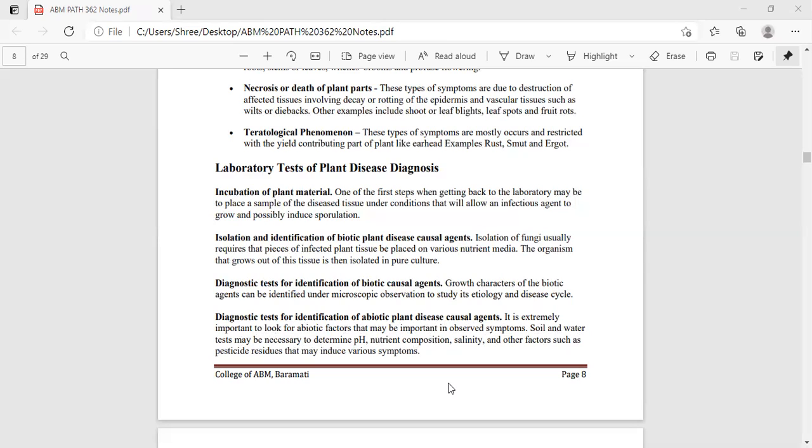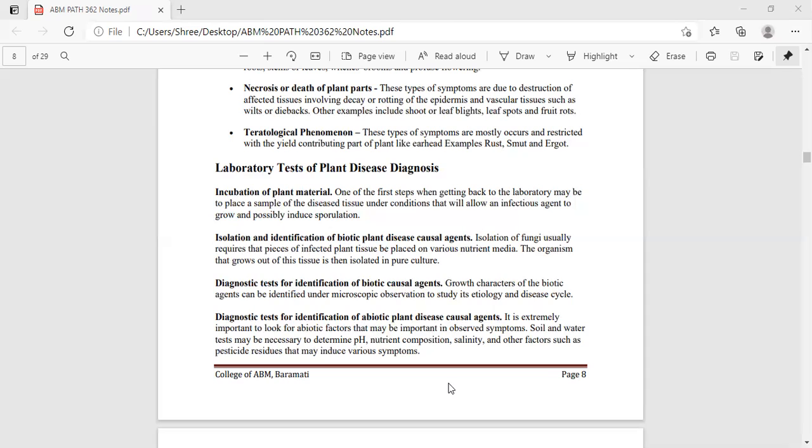So how can we identify the abiotic plant diseases in the laboratory? We have to go for determination of the pH of that plant sample, maybe after extraction we can see the pH of that particular sample. Nutritional composition we have to identify in that case.